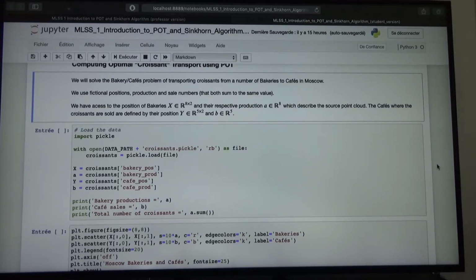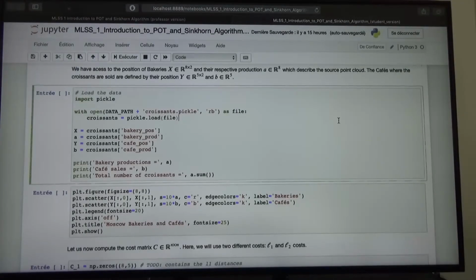And we assume that the bakeries produce the exact same number, and the total amount of croissants that are produced is exactly the number of croissants that are needed by the cafés.